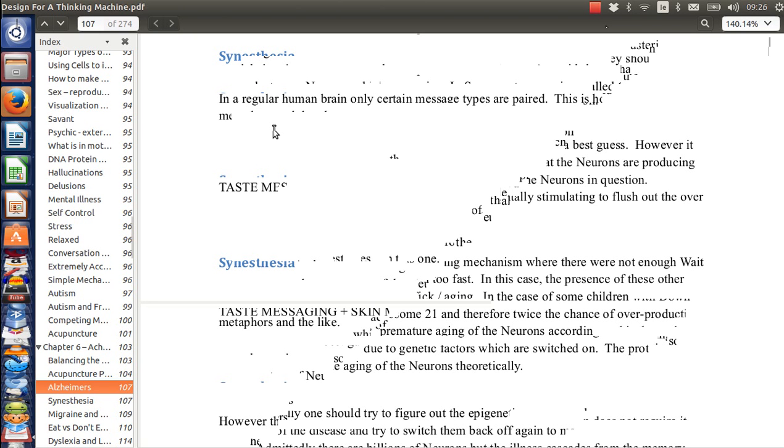So, according to this theory, one of the evolutionary advantages we have over the other life forms that share our DNA, our chromosomes, is that our messaging system is more advanced in that, at a genetic level, we pair message types. In other words, we have what's called synesthesia.